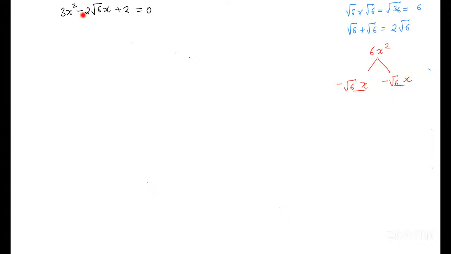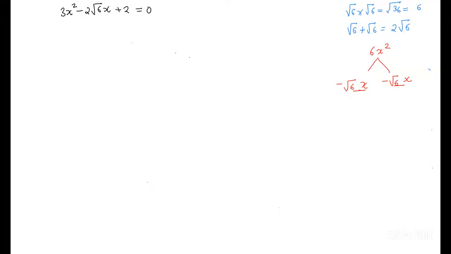So I wrote root 6 as a factor, so that root 6 multiplied by root 6 is 6, and minus minus becomes plus. Minus root 6 and minus root 6 have the same sign, so we add them: minus 1 root 6 minus 1 root 6 becomes minus 2 root 6. Did you understand, guys? Any problem in this?